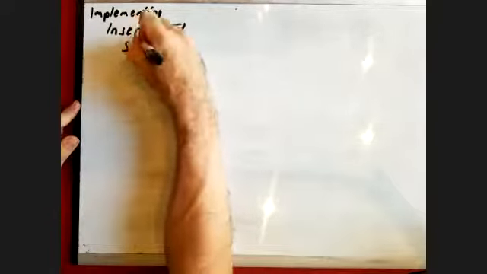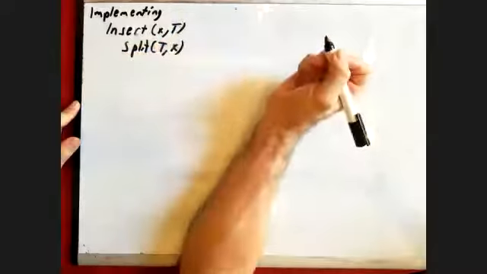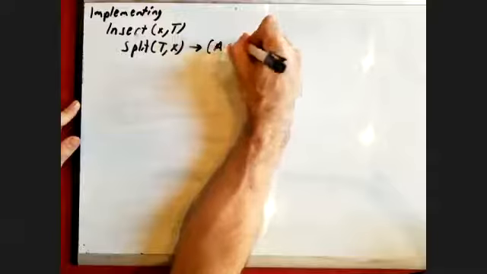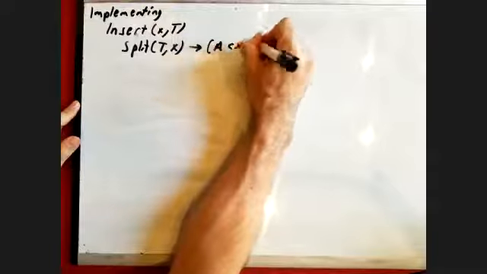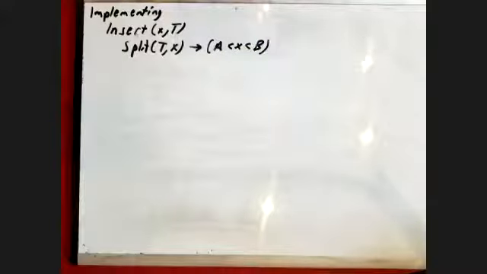Yep. And that's giving us, say, an A and a B. We'll assume X is not already in A. Now what do we do? Make X the new root.